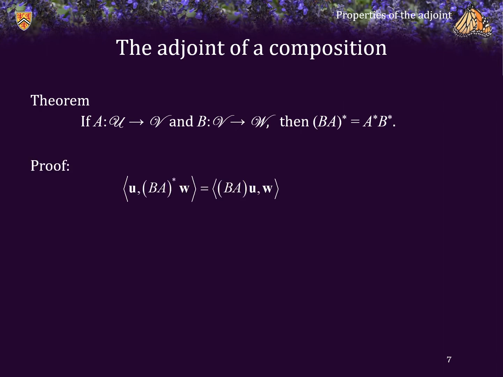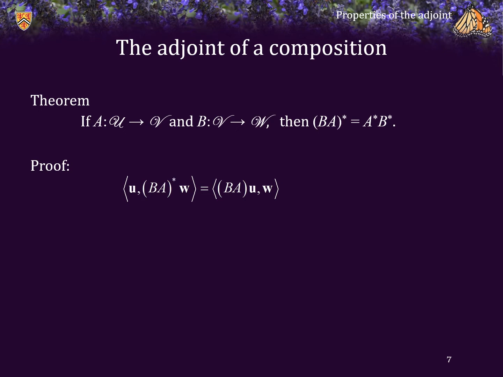Proof. Well, by definition, if I am considering the composition of B and A, then the adjoint is that operator that can appear on the right-hand side of the inner product.